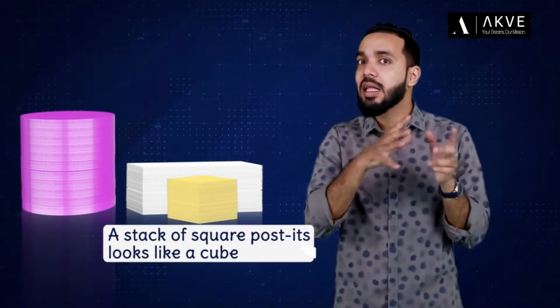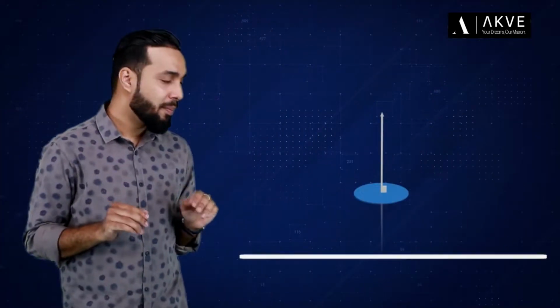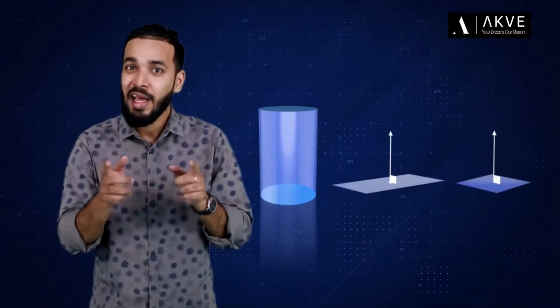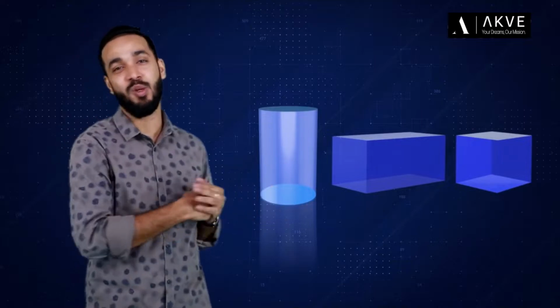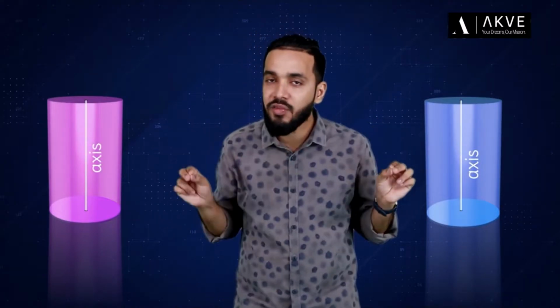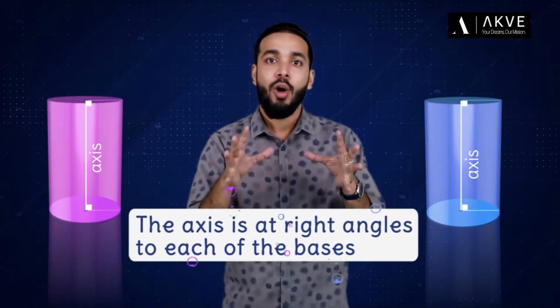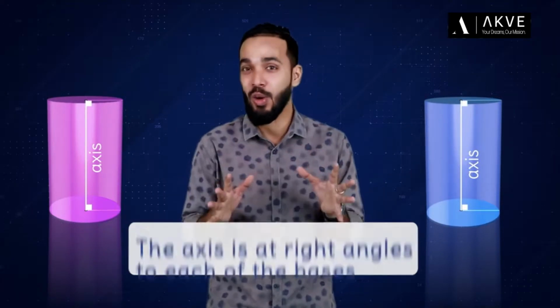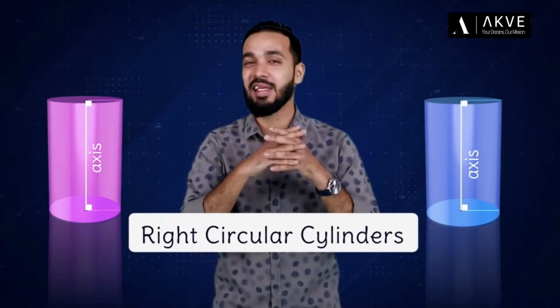Well, there's another way of forming a cylinder by extending a disc along the third dimension like we did in case of cuboids and cubes. Now, if you notice, in each of these cases, the axis or the line joining the centers of the bases is perpendicular or at right angles to each of the bases. So, what do we call such a cylinder? Correct, a right circular cylinder.